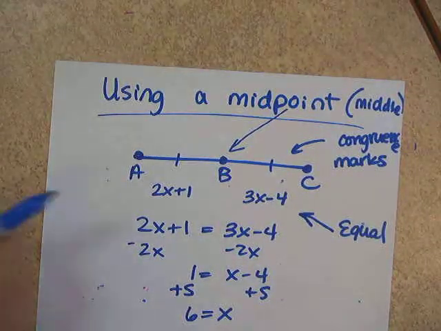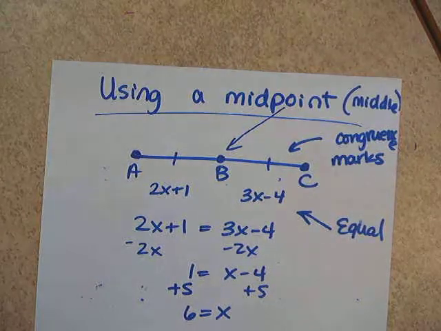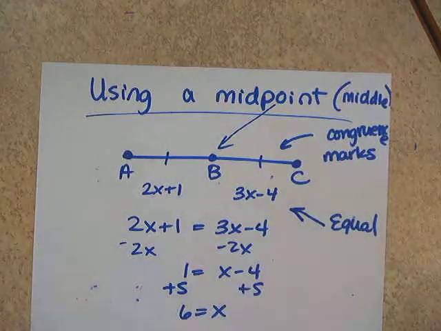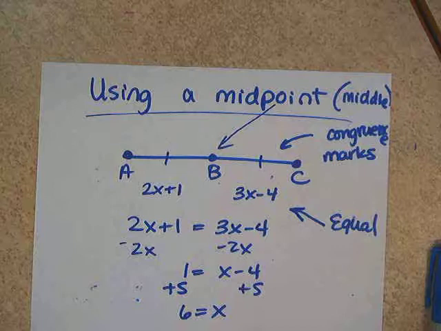Add 4. So x is 5. And how would I find the length of my segments if I needed them? Plug in the value. You should get the same length for the other one as well.